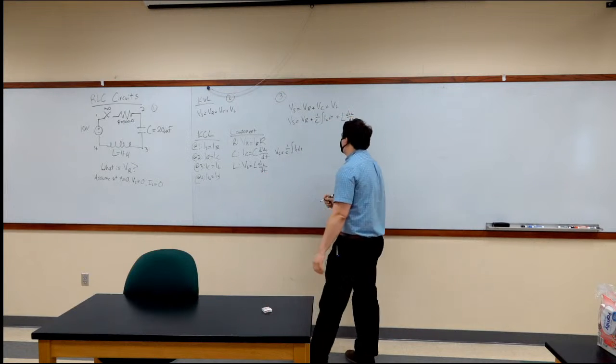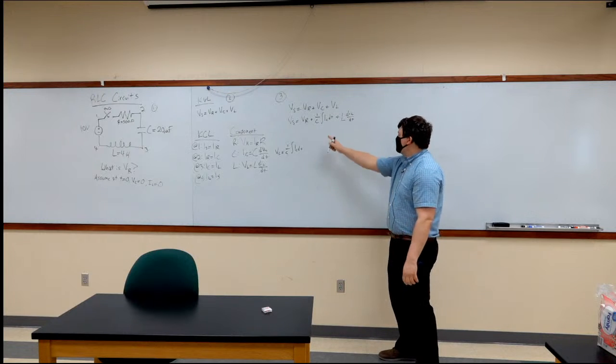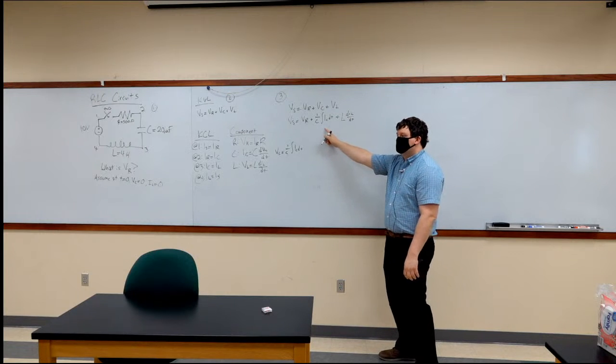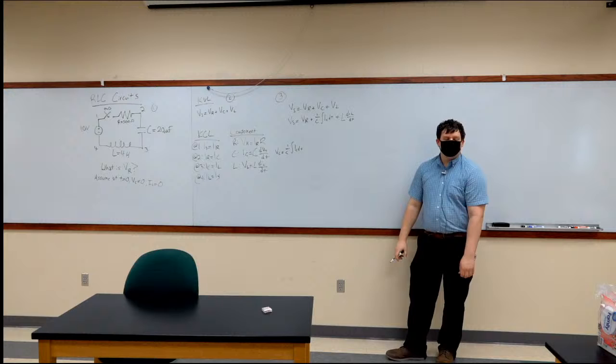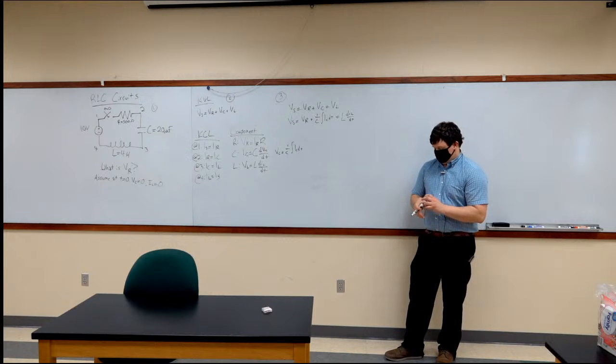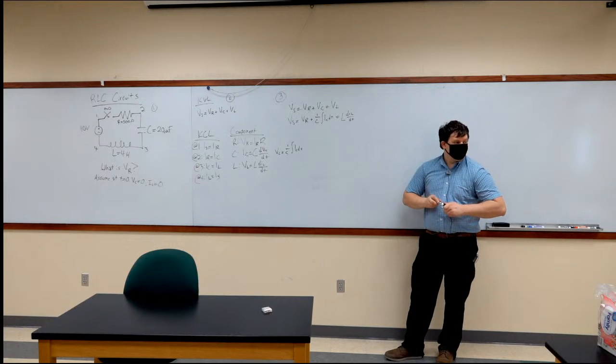Now hold on, wait a second. Where did that come from? We haven't had an integral in any of our equations before. We did something wrong. It is my fault.